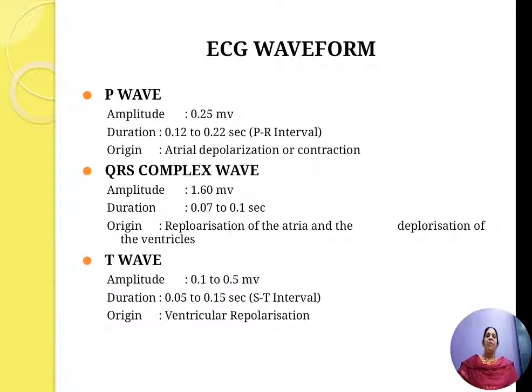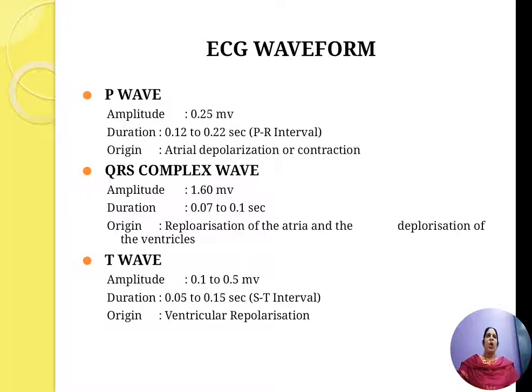Its amplitude is in the order of millivolts, 0.25 millivolts. And the duration, that is the PR interval, is 0.12 to 0.22 seconds.